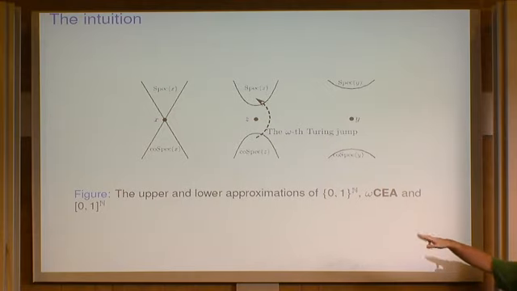Well, if your point is living in Cantor space, then you're just looking at all sequences Turing above it and all sequences Turing below it, and these sets of course just meet in that particular point.